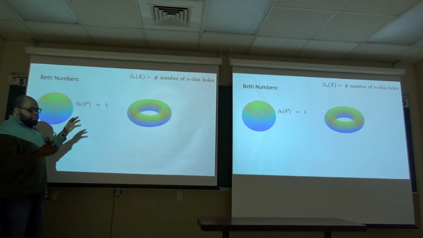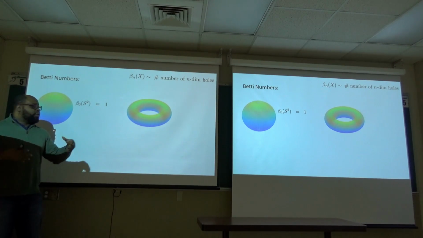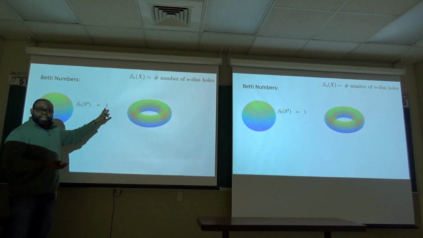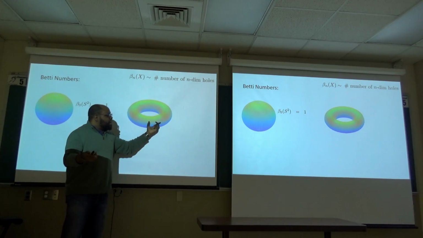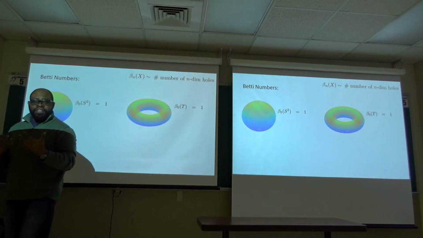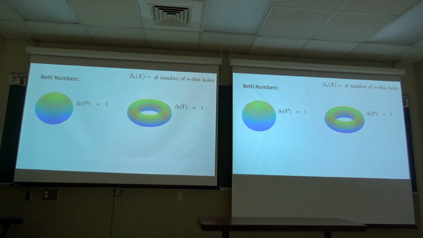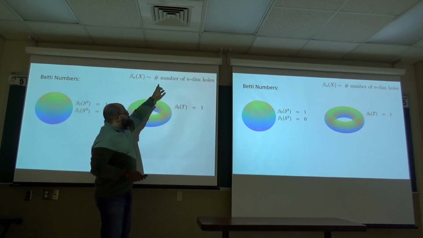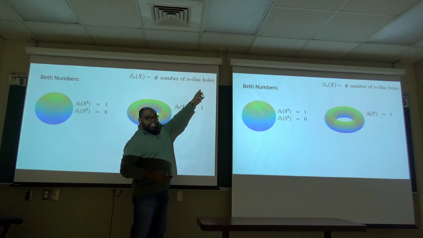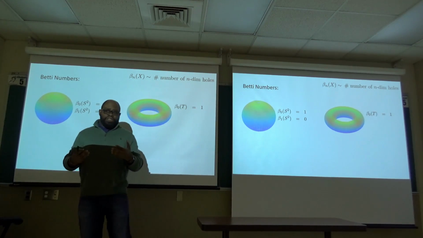So the sphere is completely connected, so Betti 0 should be 1. Okay? What should be Betti 0 for the torus? It should be 1, right? It's a connected space. It's counting the number of disconnected pieces. Betti 1, on the other hand, counts the number of one-dimensional holes in the space. How is that measured?